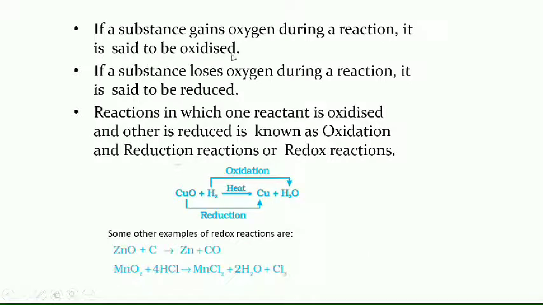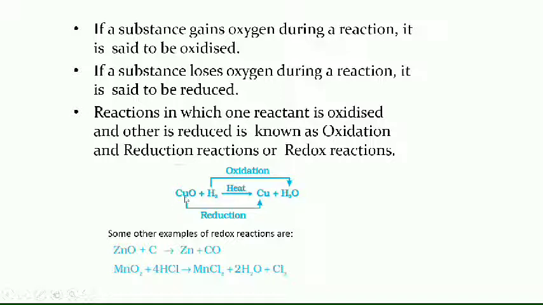So if a substance gains oxygen during a reaction, it is said to be oxidized. Next, if a substance loses oxygen during a reaction, it is said to be reduced. Any reaction in which one reactant is oxidized and the other is reduced is known as an oxidation and reduction reaction, also called a redox reaction.